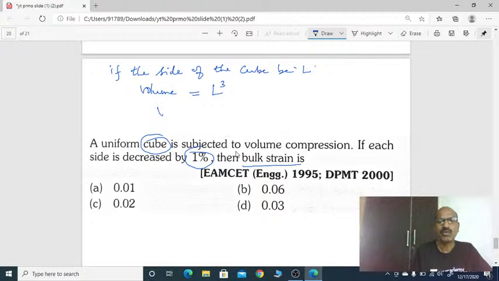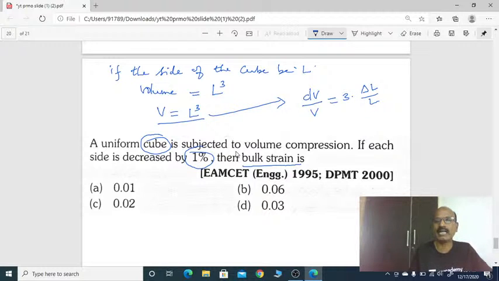Change in volume by original volume, equal to L cube, 3 will come first into change in length by original length. That's it.